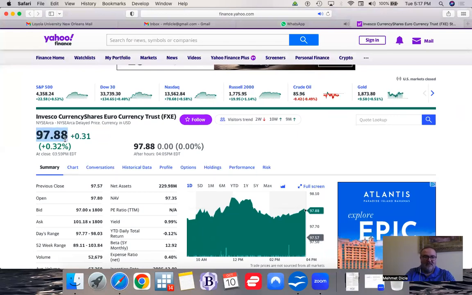So this is an ETF. For one share of the ETF, we pay $97.88 and we get 100 euros. So notice how this is exactly not the price of euros per se, but it is an indexed ETF. So with 97.88, let's start with that.